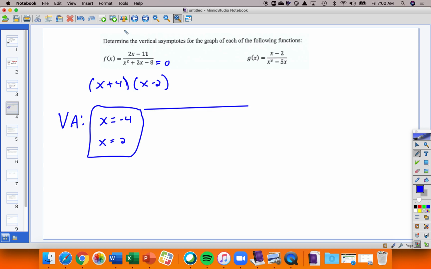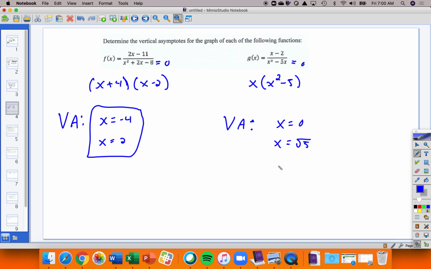Over here, I have this equal to 0. I can factor an x out, and I'm left with x squared minus 5. So I'm actually left with 3 vertical asymptotes. I have x equals 0, and then I have x equals the square root of 5, and then I have x equals negative square root of 5.